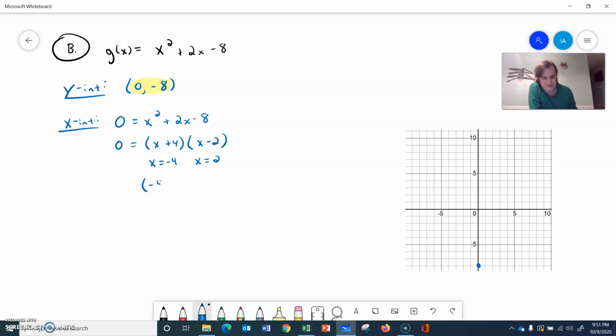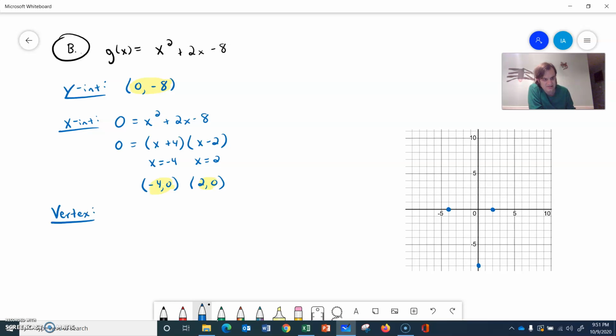So my intercepts are negative 4, 0 and 2, 0. And if I plot those, negative 4, 0, this is really worrisome, and 2, 0. I'm afraid my vertex may fall off the graph, but we'll find out in a moment.